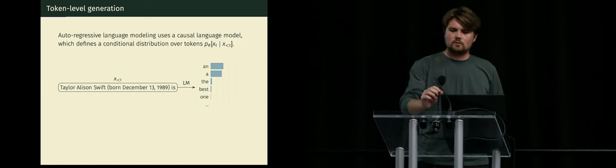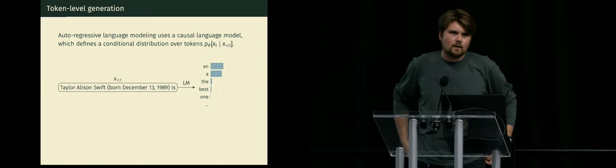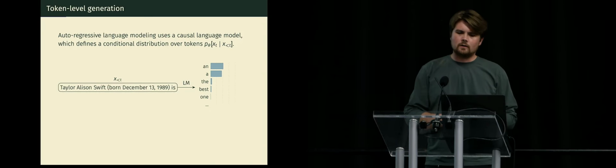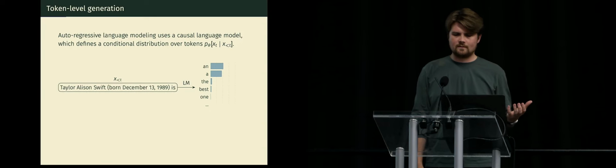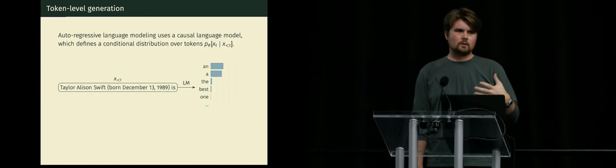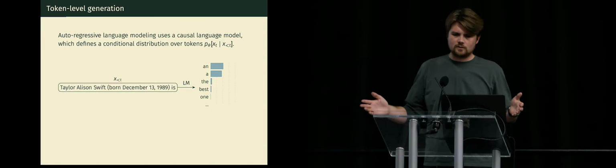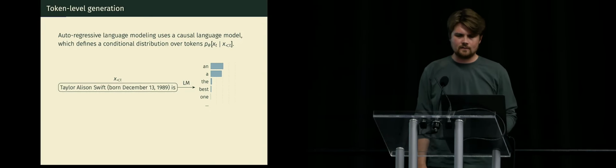If you go to your favorite language model API, almost all of these language models are causal language models, which means they take an input sequence and they produce a probability distribution over the vocabulary of the model, the vocabulary being all the tokens that could come next in the sequence.